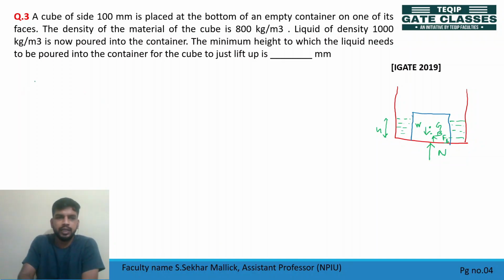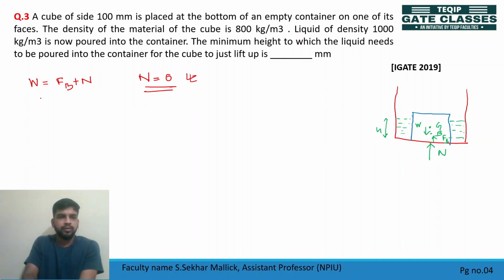Can I write W is equal to buoyant force plus normal reaction? Okay, but we will add liquid up to height h so that N becomes 0. नॉर्मल रिएक्शन 0 जब तक हो जाएगा, जब तक ये ग्राउंड से ऊपर उठ जाएगा, तब तक हमें पानी डालना है या लिक्विड डालना है.